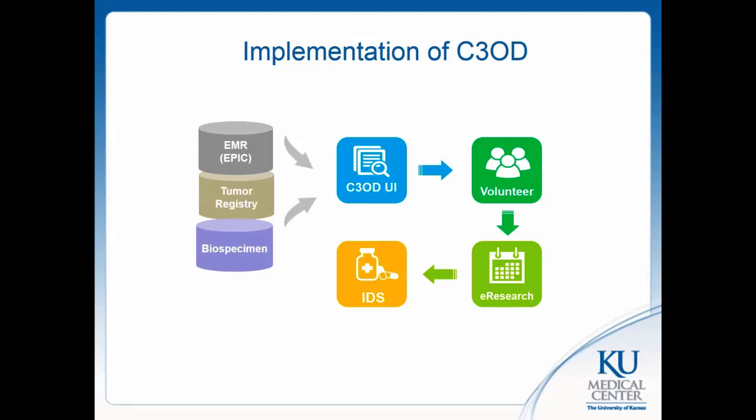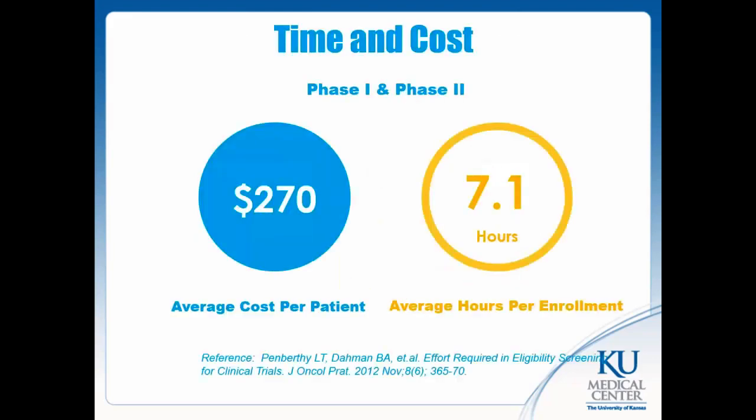Apart from those, we have our principal investigators who come to us to find the feasibility. I'm not going to talk more about eResearch here, which is our CTMS, our clinical trial management system. I'm going to talk about our C3OD, and also show some other niche tool that is available for accrual prediction.